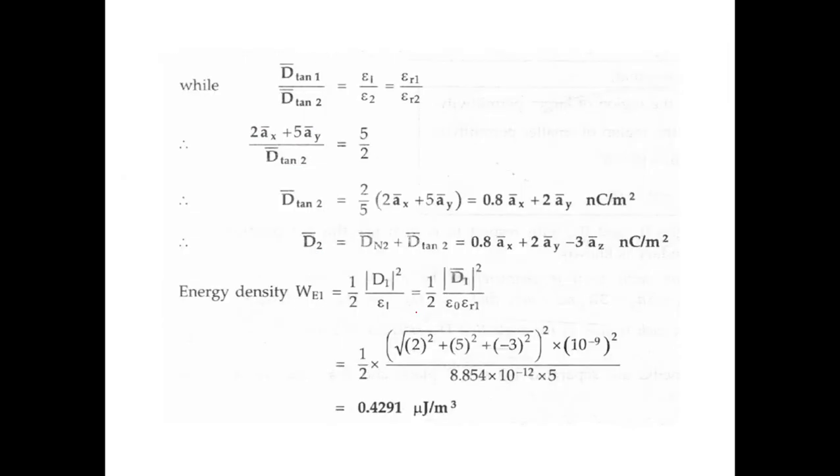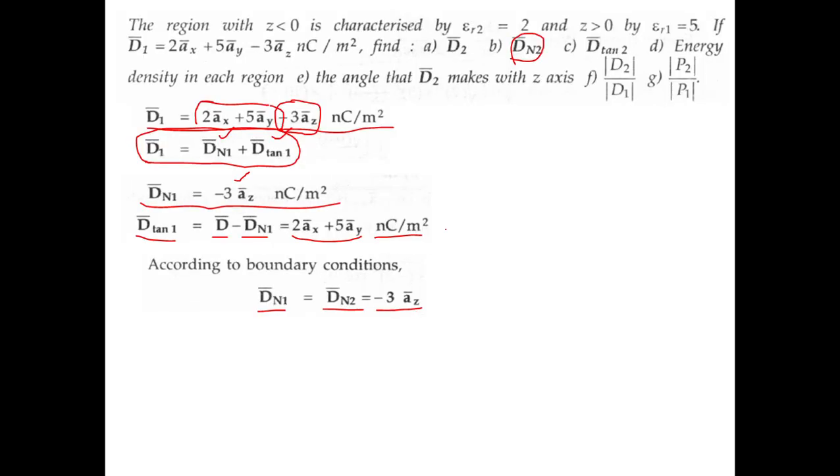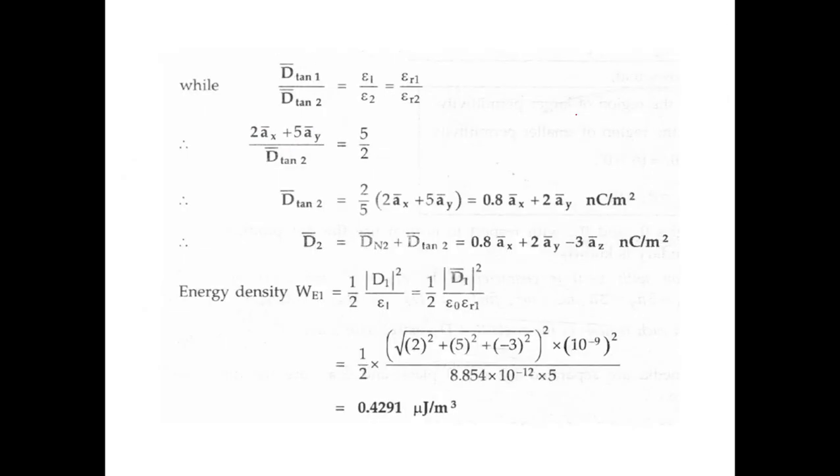Now we'll go to the next one. We have to find Dtan2. This is the formula we derived when we discussed boundary conditions between two dielectrics. Dtan1 is the one we found in the previous slide.